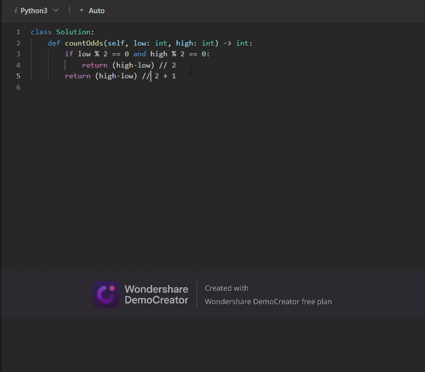Divided by 2, this is not just division, this is integer division. So if there are any decimal points like 2.5, which is what we will be getting, we will do the integer division, reduce it to the quotient, and add 1 to it.